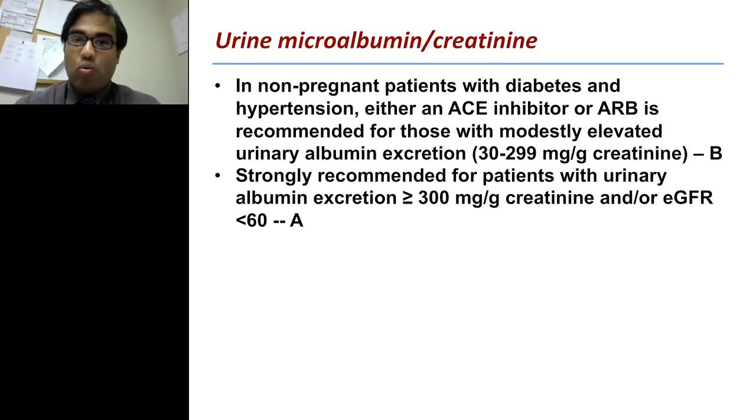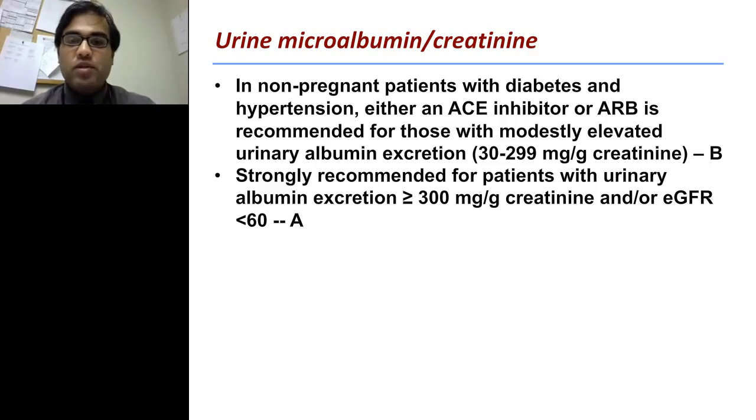So these are well-tested biomarkers, so they should have probably a high level of evidence when you look at the established guidelines. So here is the urine microalbumin to creatinine ratio and the statement that the American Diabetes Association makes on this.